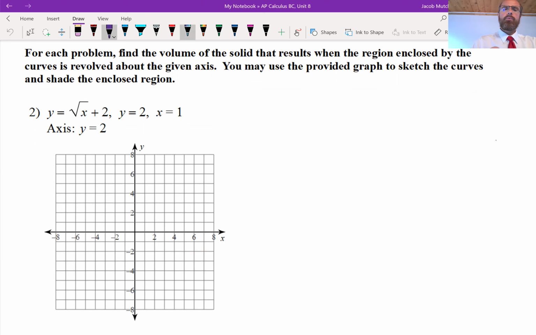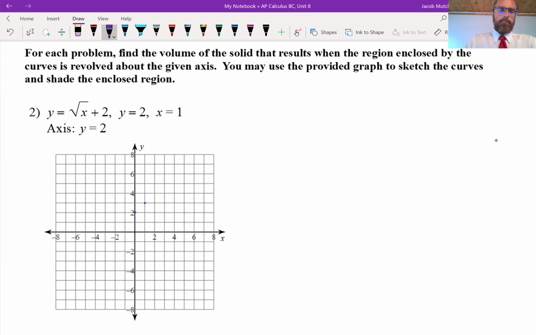So let's situate that function and the axis on this graph. I want to graph this function, square root of x plus 2. At 0, square root of 0 is 0, plus 2 is 2. So we've got our starting point for the square root curve at (0, 2). At 1, the square root of 1 is 1, plus 2 is 3.